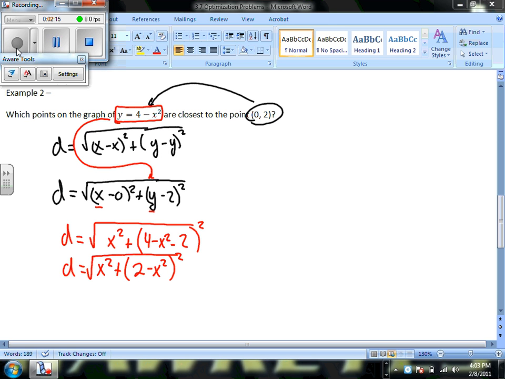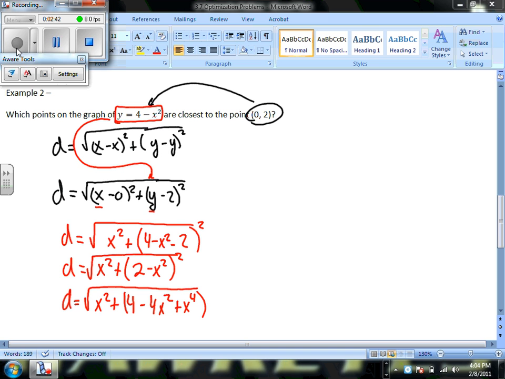Let's go ahead and square stuff out, expand and simplify a little bit. So on the inside we're going to have x squared plus, if you square 2, we'll have 4. Multiply these two and double it, so minus 4x squared, then you square the last one, so plus x to the 4th.